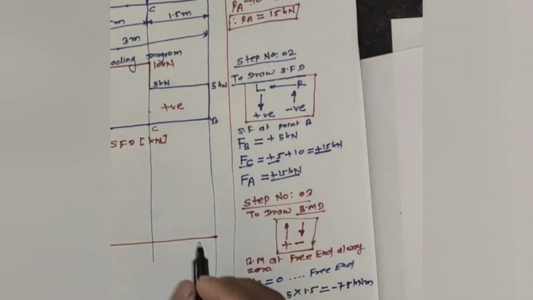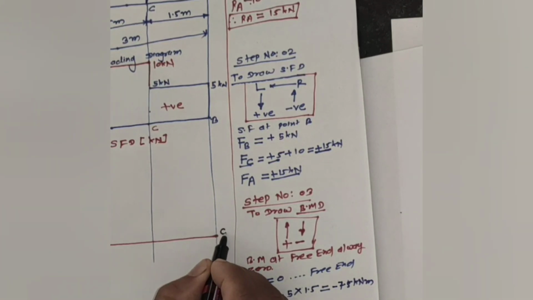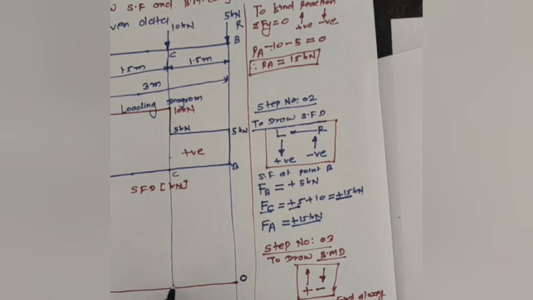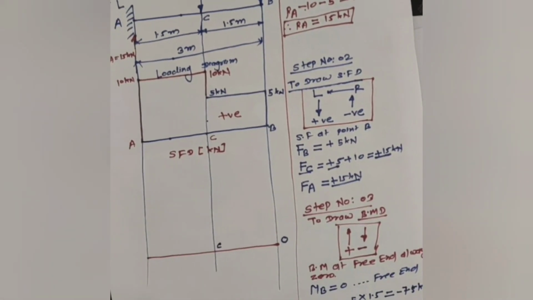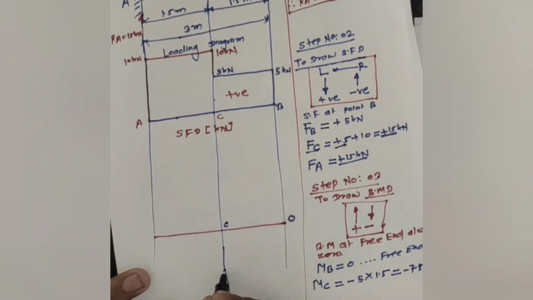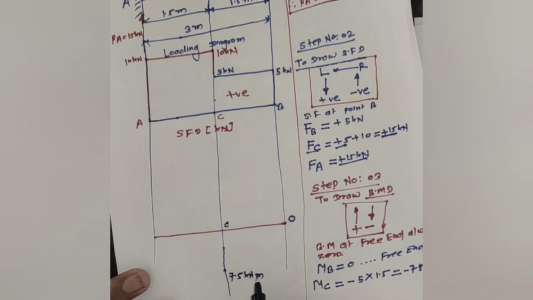minus 7.5 kilonewton meter. Okay, bending moment at point B is 0. Is it correct? Then bending moment at point C is minus, and minus means you have to draw below the baseline. Count 0, 1, 2, 3, 4, 5, 6, 7, so here 7.5 kilonewton meter.